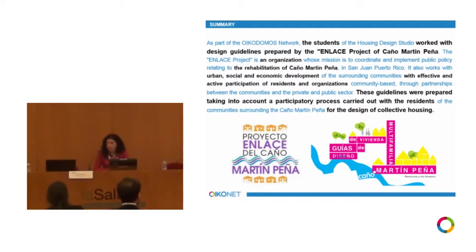Proyecto Enlace is in charge of that work, but is also in charge of the urban, social, and economic development of the communities. These people that live near the water need to be relocated, and Proyecto Enlace is working on several projects for that relocation.